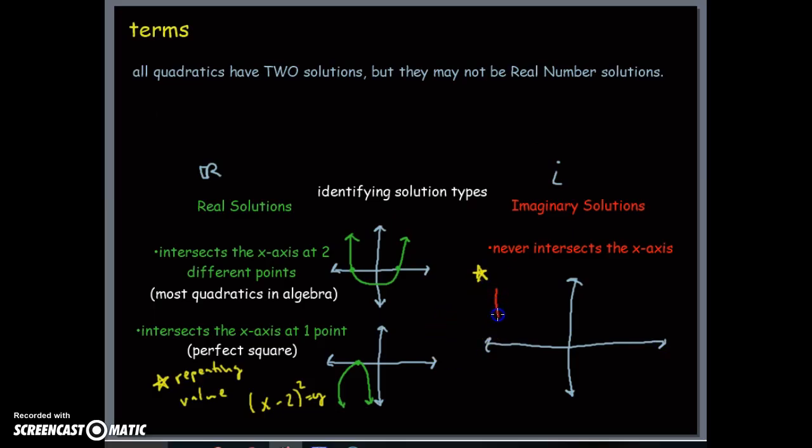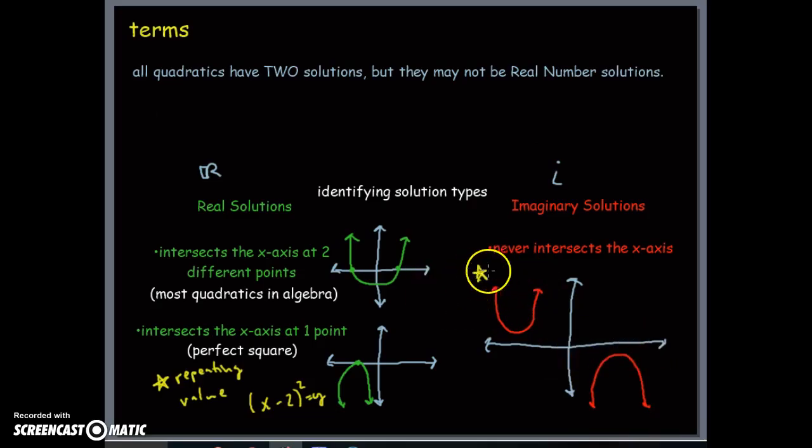So if we had a quadratic that came down and then went right back up, you can see that it's never going to cross the x-axis because it's above it, right? Or you may see it come from negative infinity and then stop and then go back down to negative infinity. It does not cross the x-axis.